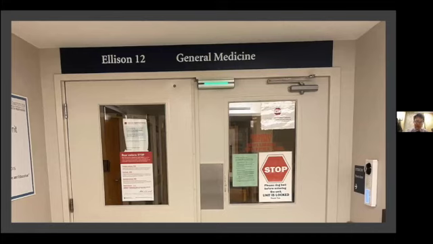So I traded my radiologist dictaphone, grabbed a stethoscope, tried to remember some of those things that I had learned in medical school, and was directly involved in the care of these patients, not just as a radiologist, but as a medical intern.